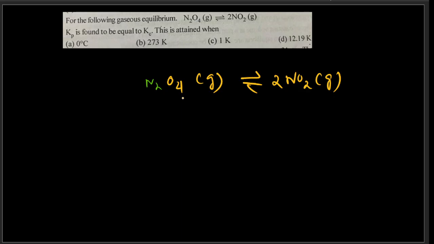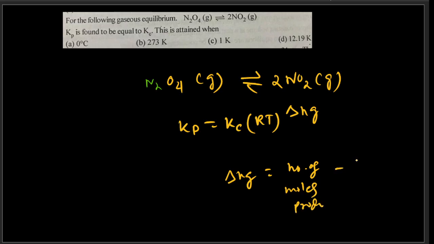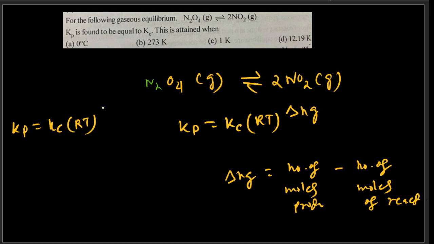This is attained when... So we know the relationship, that is Kp equal to Kc RT^Δng, where Δng is the number of moles of products minus the number of moles of reactants. So here, Kp equal to Kc RT^Δng.